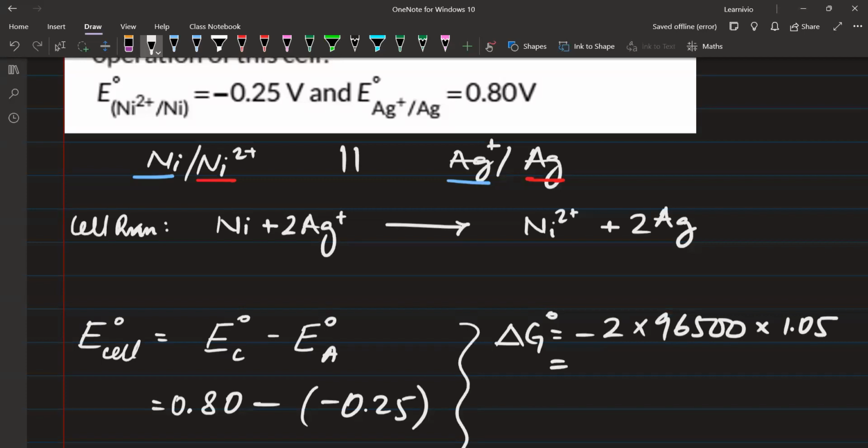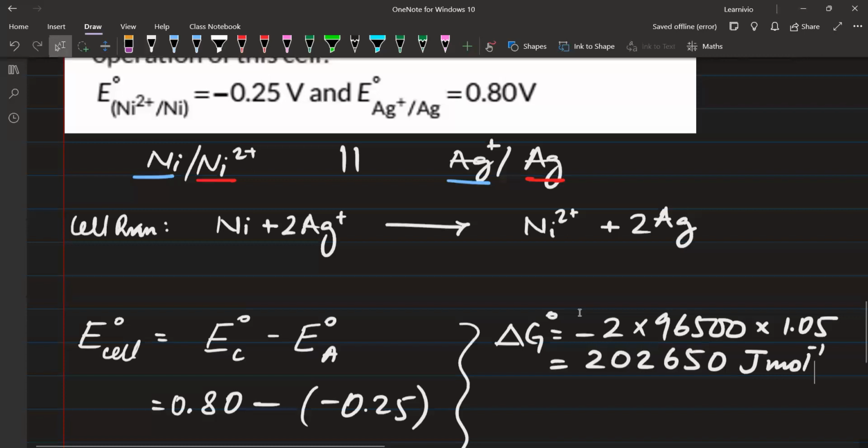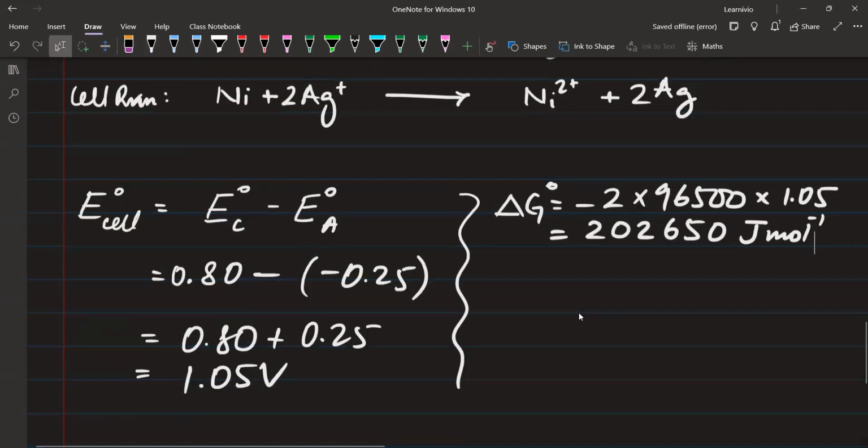Okay, what will be this value? This value will come out as 202650. Whenever you get delta G, you will write the unit as joules per mole. Okay.